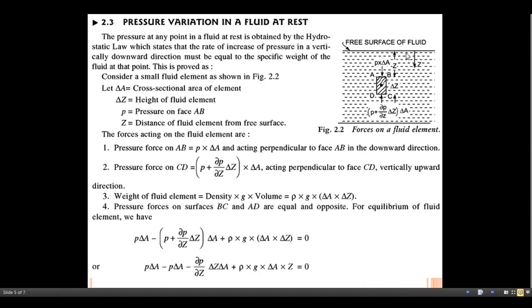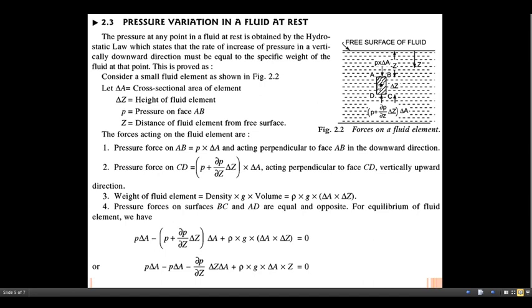Here is the free surface. The forces acting on the fluid element are, let us see one by one. First, the pressure on face AB is P multiplied by delta A, acting perpendicular to face AB in the downward direction.